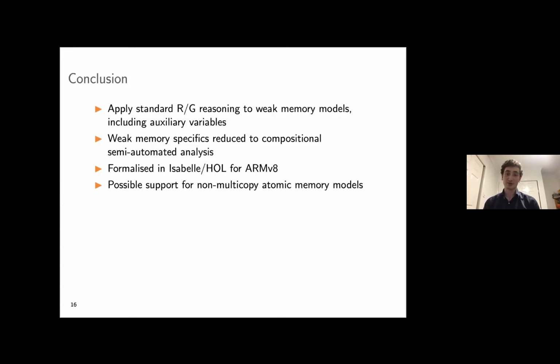To adapt to non-multicopy atomic memory models, it requires significant change, it seems, to the sequentially consistent rely guarantee reasoning side condition. That property is hard to adapt to the non-multicopy domain. And so we'd have to find some way to modify that. We've explored a few different techniques, while still somehow preserving existing reasoning approaches. And so that's the main limiting factor there.